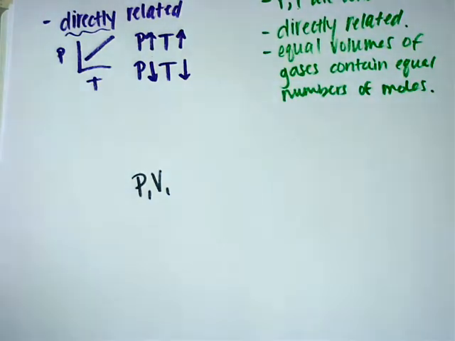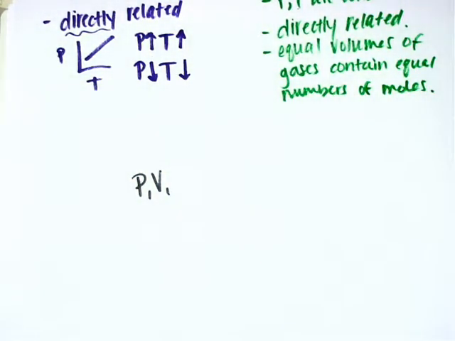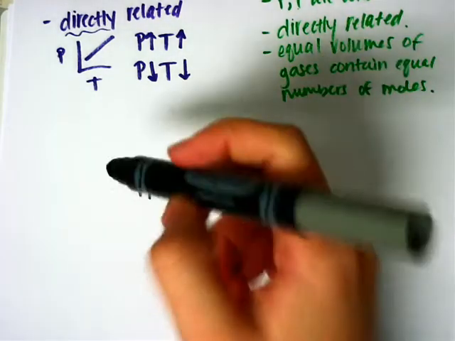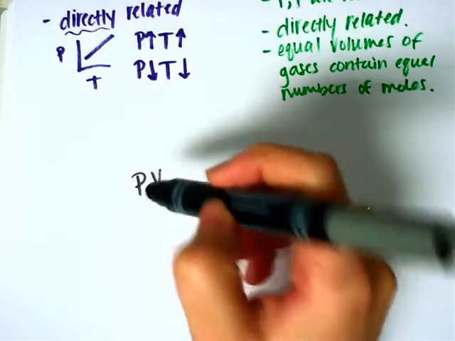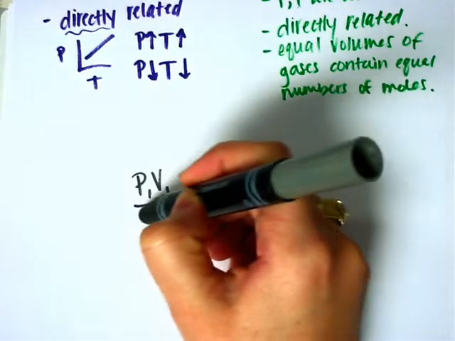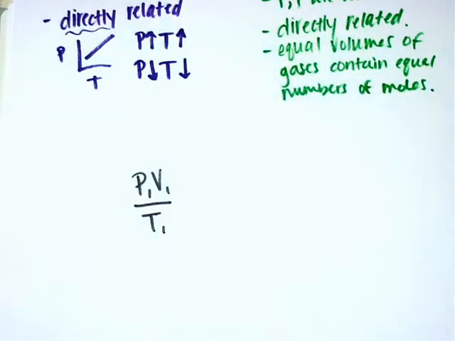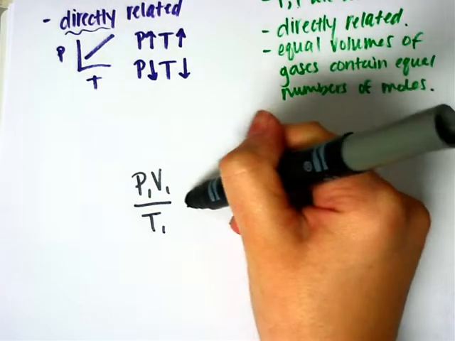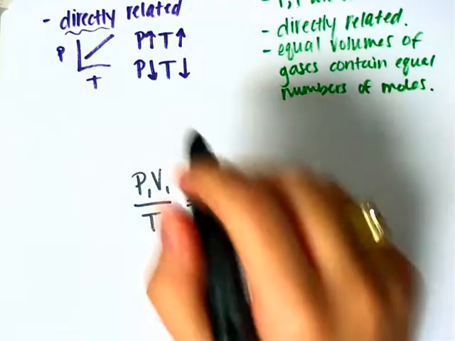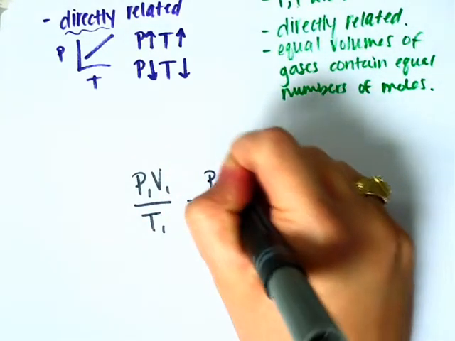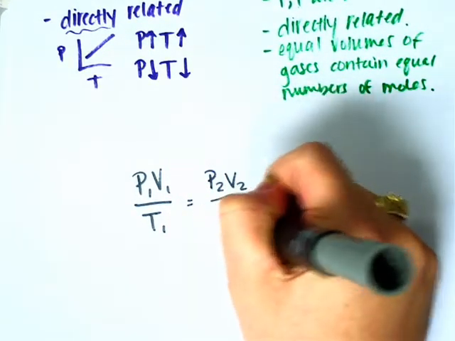Now, is temperature on the opposite side of these or the same side? Opposite. It's on the opposite side. So what do we have to do? Turn it into a fraction because it's on the opposite side. So we're going to put this over T1. T1's on the opposite side of our PV. And now we're going to make this equal to P2 over T2.